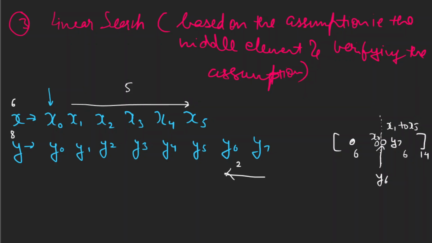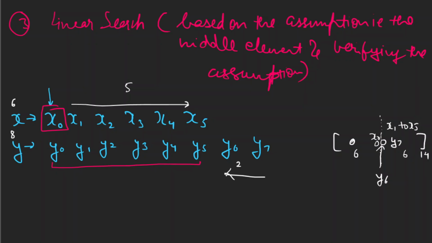Obviously if these elements are taken and put in the second half of the merged array, then the remaining elements of x and y will be put in the first half of the merged array. So x0 will be here, that is the middle element, and all of the remaining elements, that means y0 to y5, will be in the first half, right? So let's count the elements: 1 2 3 4 5 6 7.